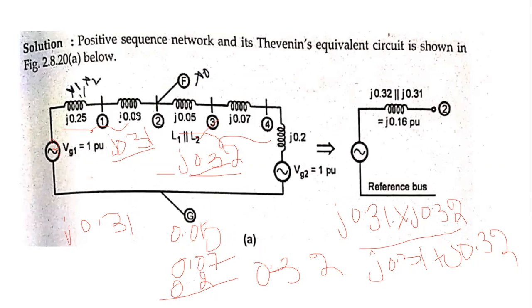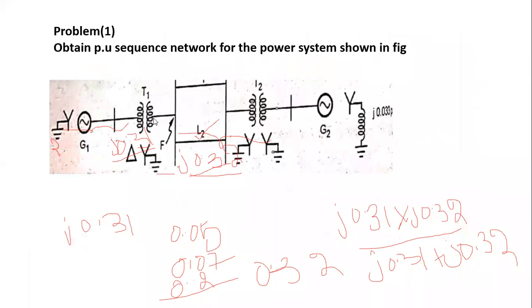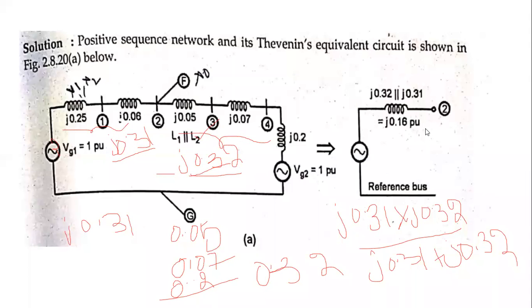Therefore we simplify all the reactances, and the fault will be obtained at this point. Then these two are in series, then these three are in series. Therefore if the fault will be obtained at this point, these two are connected in parallel. That's why we are calculating like this. This is the positive sequence network for this given diagram, and this is the equivalent Thevenin's reactance diagram for this positive sequence network.